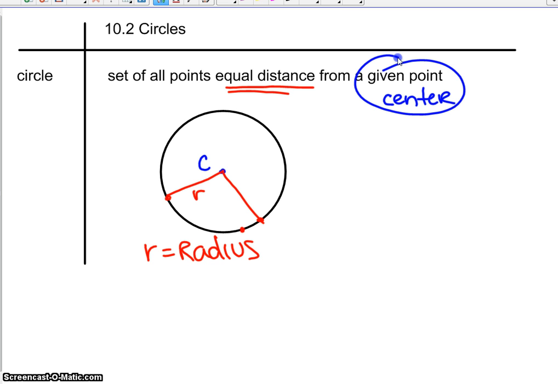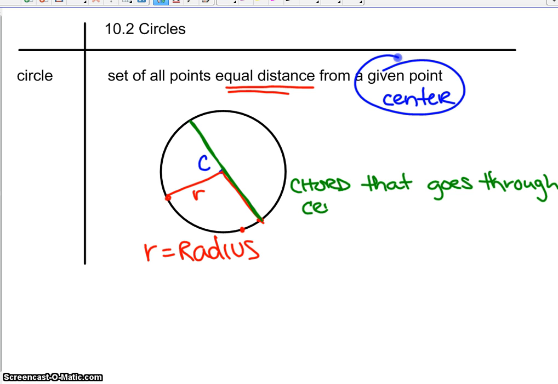Okay. Other parts that you should remember in terms of circles is that if I have a chord that goes through the center of the circle, it's called a diameter.